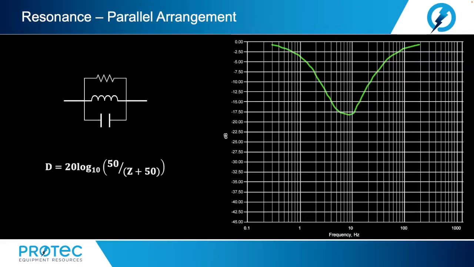Clearly, in decibels, a parallel resonance yields a minimum. This relates to the inductive roll-off followed by the capacitive climb. When a minimum occurs in an SFRA plot, this corresponds to some parallel arrangement of an inductor and a capacitor within the transformer.